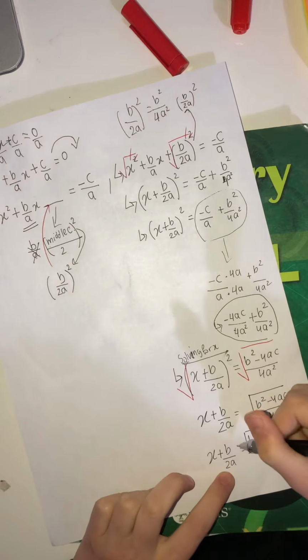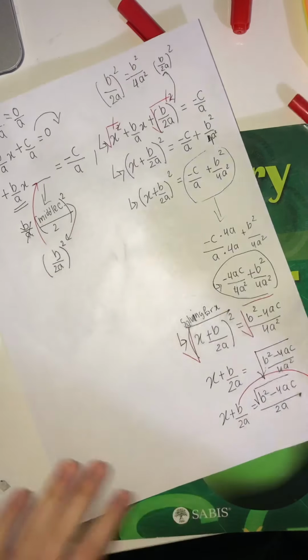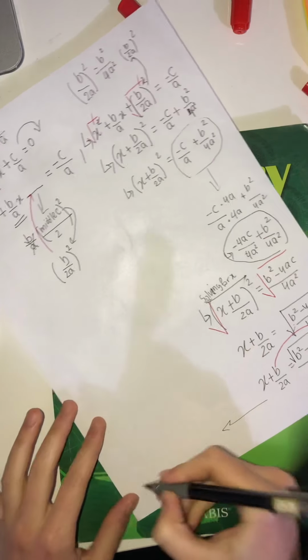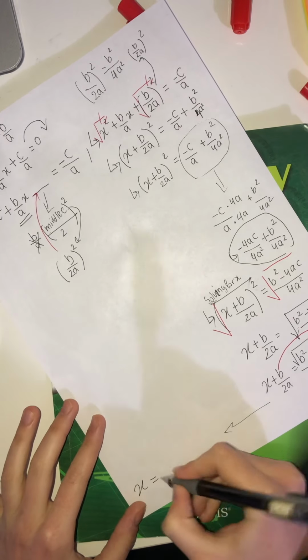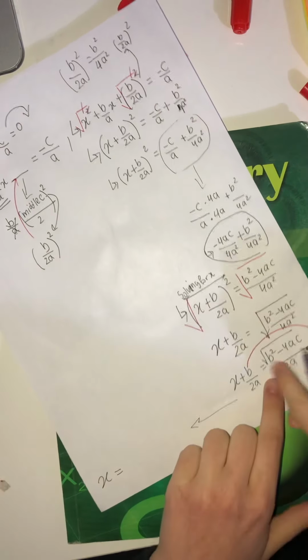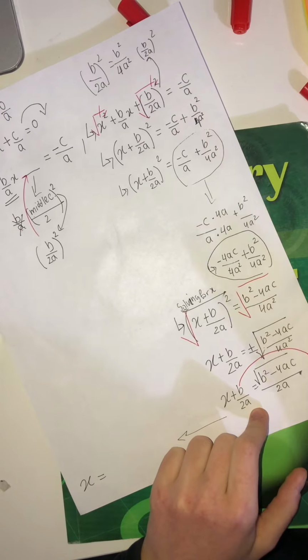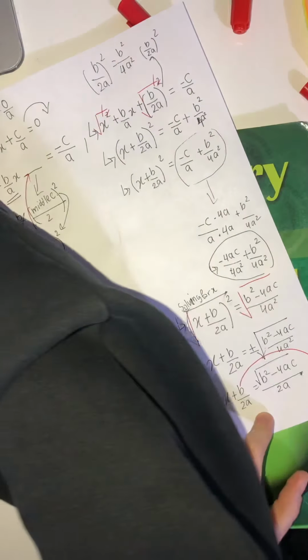Now I'm solving for x. I take this to the other side. x equals, and also this has 2 solutions because of the square root. It has a positive and a negative solution. Let's not forget that.